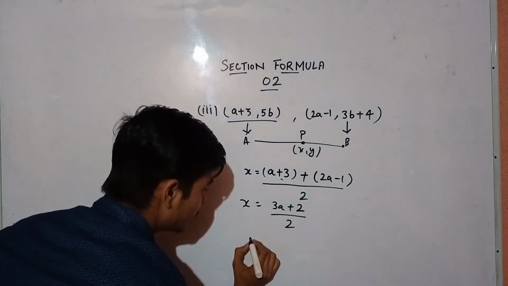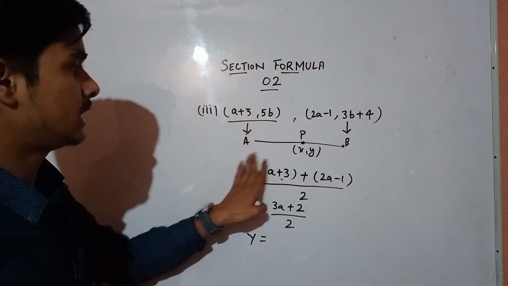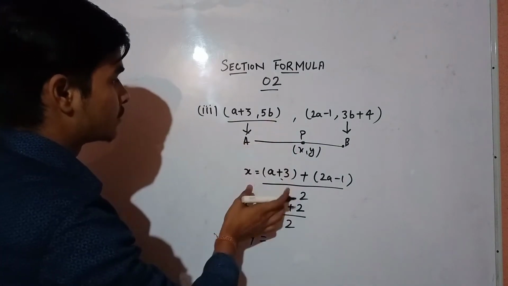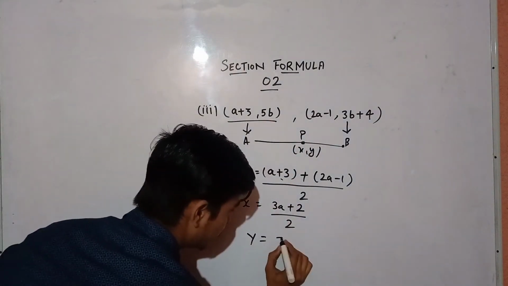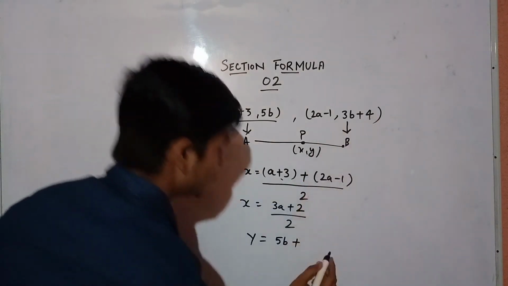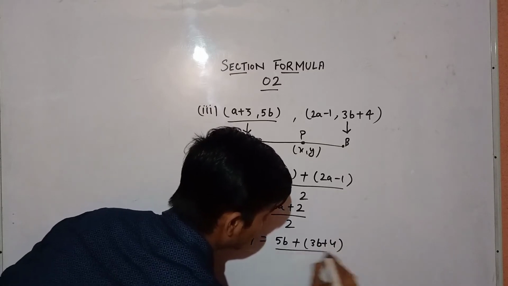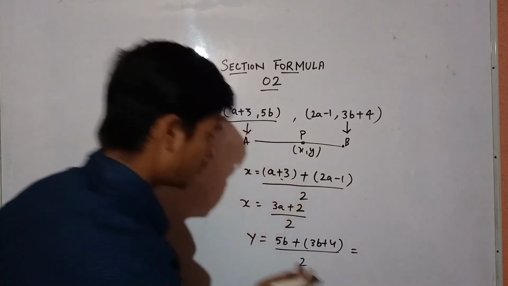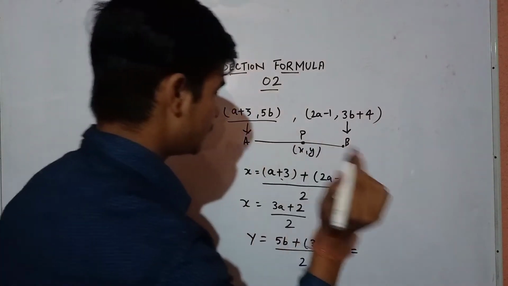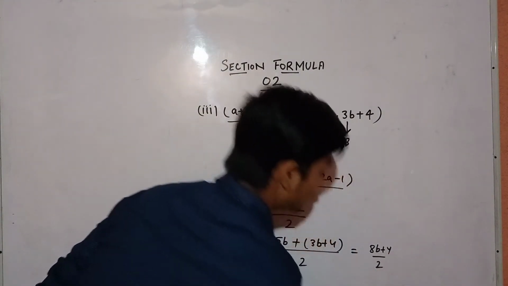Now how are we going to find the y coordinate? We are just going to add the y coordinates of A and B. The y coordinate of point A is 5b plus the y coordinate of B, which is 3b plus 4, divided by 2. So 5b plus 3b is 8b plus 4, divided by 2.